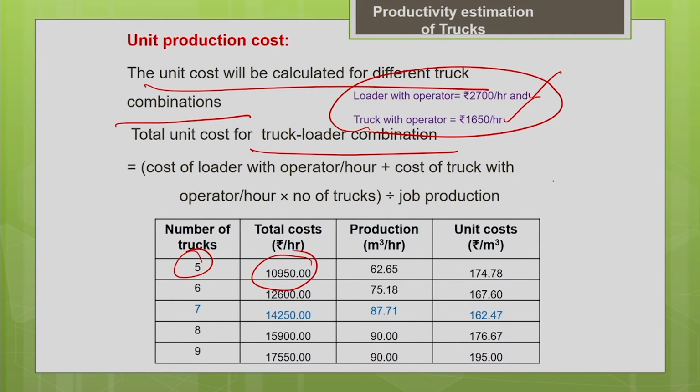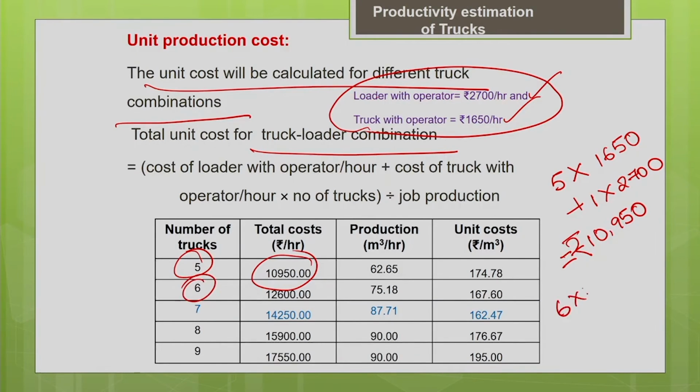Total cost is nothing but 5 into the hourly cost of truck, 1650, plus there is only one loader, 1 multiplied by 2700. So this gives me the cost as 10,950 rupees. This will be the cost associated with the 5 trucks. Similarly, for the 6 trucks, 6 into 1650 plus 1 into 2700.